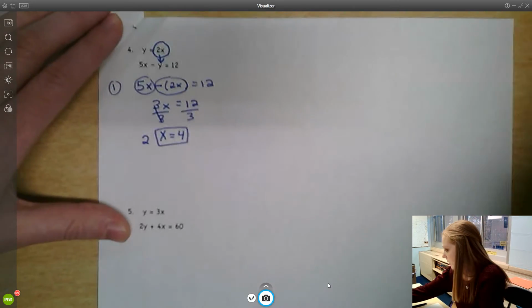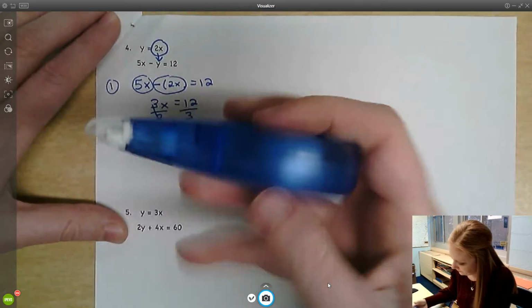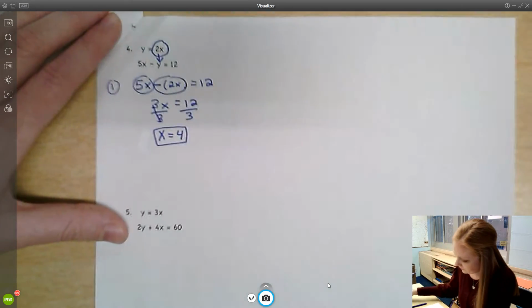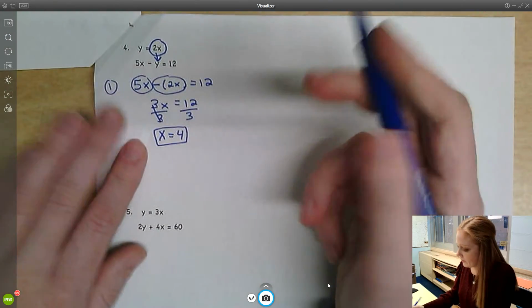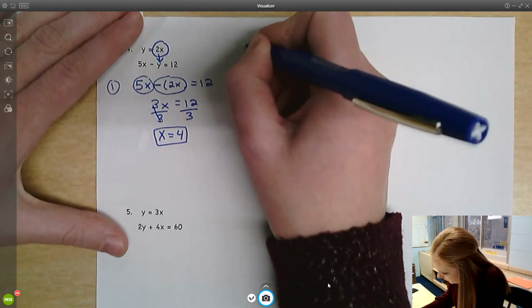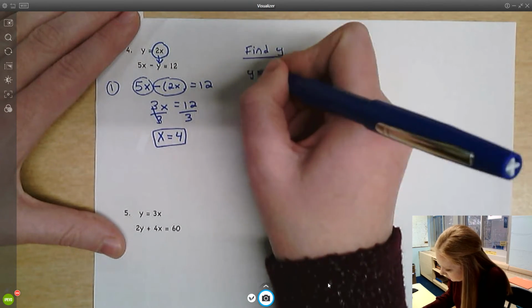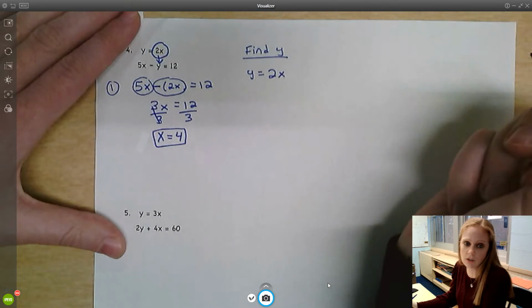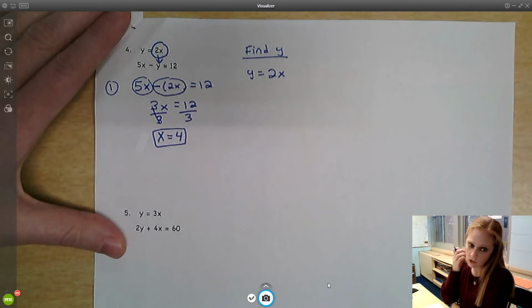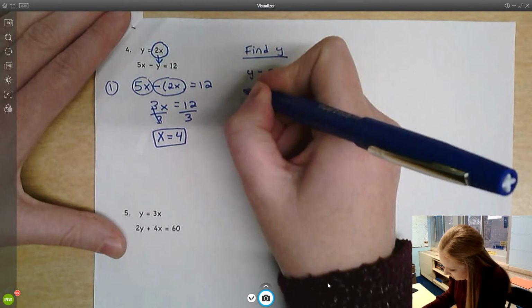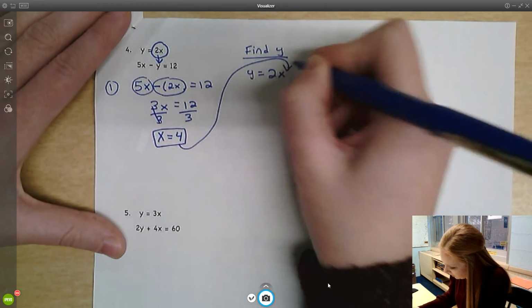Oops, I don't know why I was putting that there. Okay, so we found x is 4. Now we need to find y. Rewrite the easier of the two equations. The first one has the y by itself already, so let's rewrite that. Let's take this x equals 4 and plug that in for x.